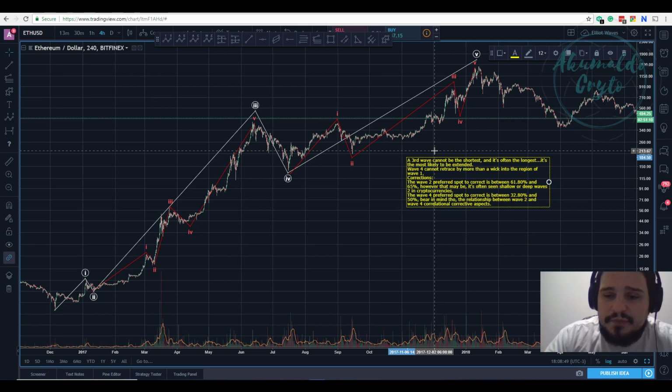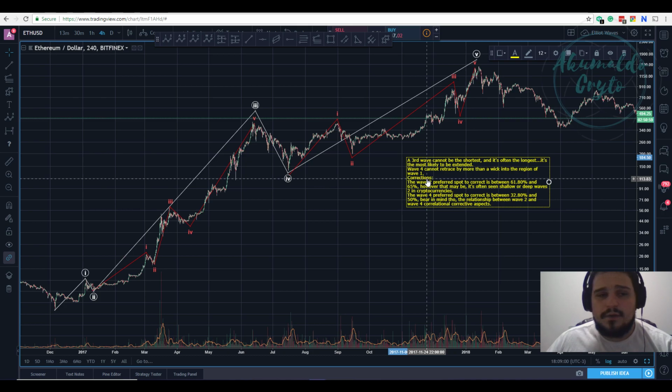We need to be responsive to the market, not be so loyal to our idea of the ideal count. Okay, oh, I have this count, I won't pay attention to anything else, I will just focus on my count. This is wrong, you're going to fail if you do so. This is one way of analyzing the chart.